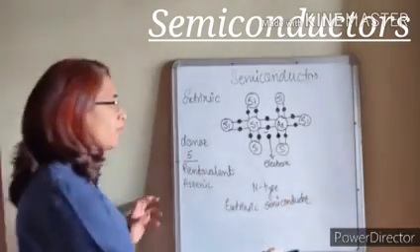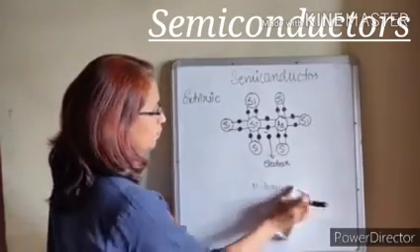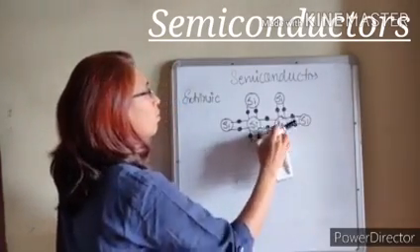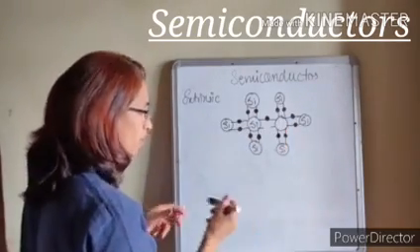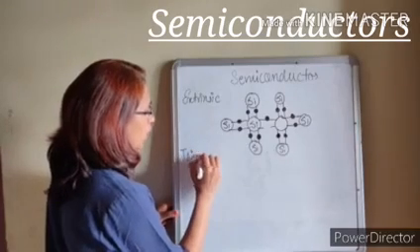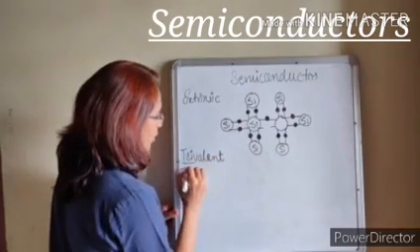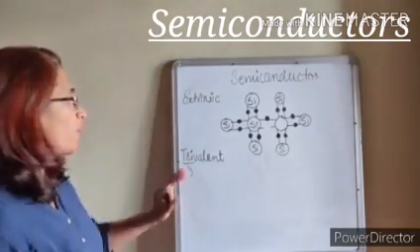Now we'll talk about the P type of extrinsic semiconductor. When we talk about the P type of extrinsic semiconductor, the impurity must be trivalent. Trivalent impurity means having 3 electrons in the last orbit.